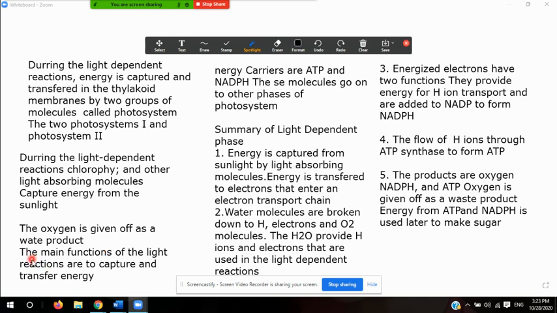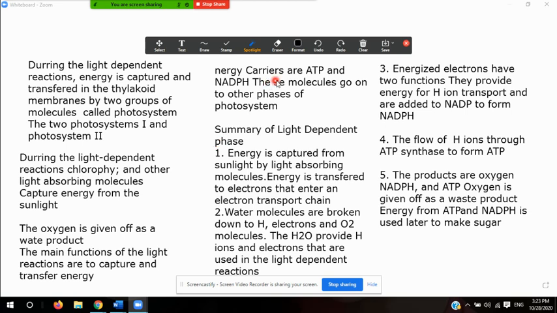Another thing worth mentioning is that the main function of the light dependent reactions is to capture and transfer energy. They capture that energy from the sunlight, and pretty much turn that into electron or electrical energy, which is used in the later reactions that we're going to talk about.